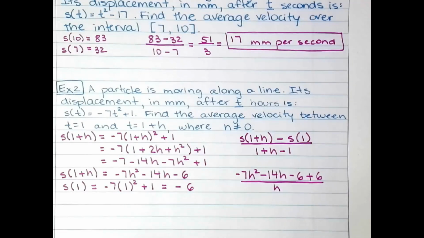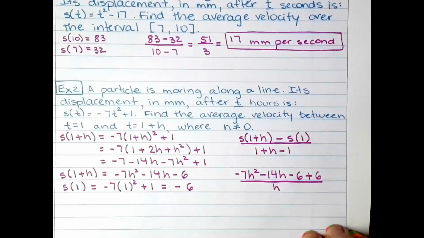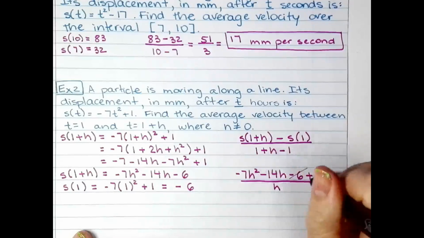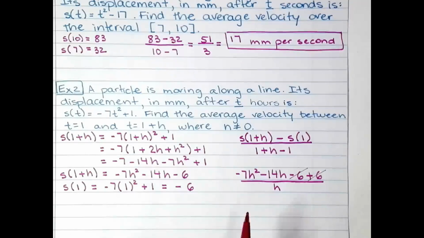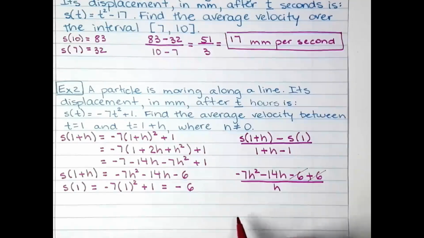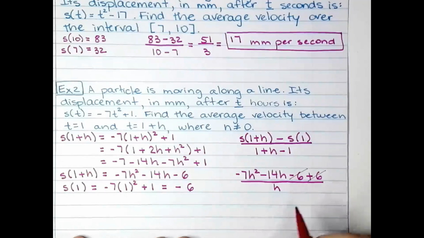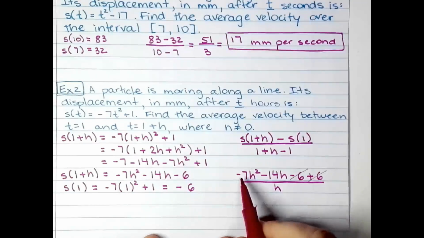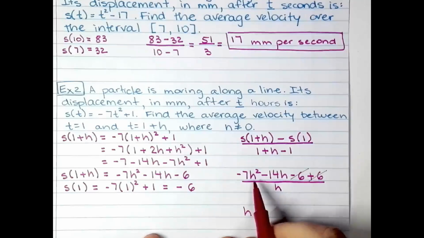Let's simplify. -6 and 6 is 0. Go ahead and factor h out from the numerator. So -7, not x, it's h.